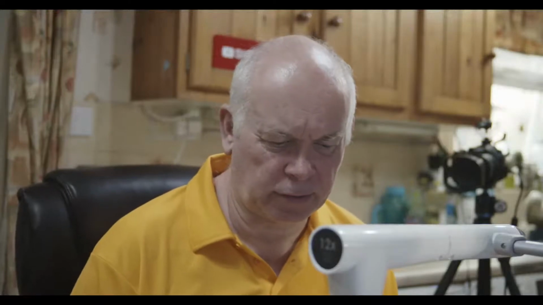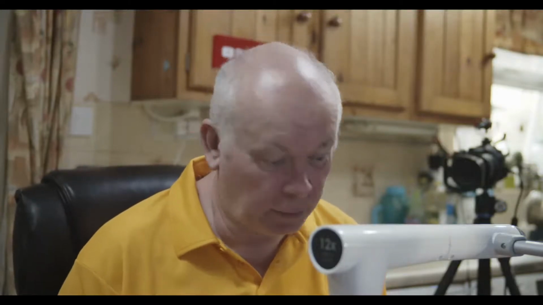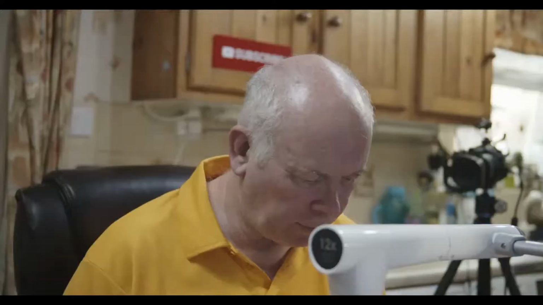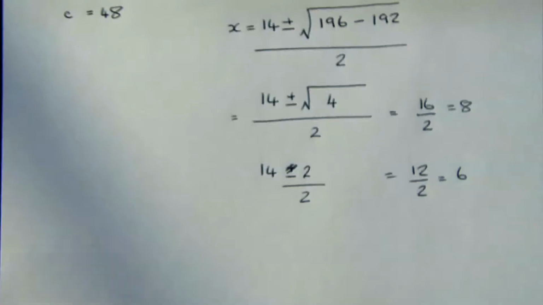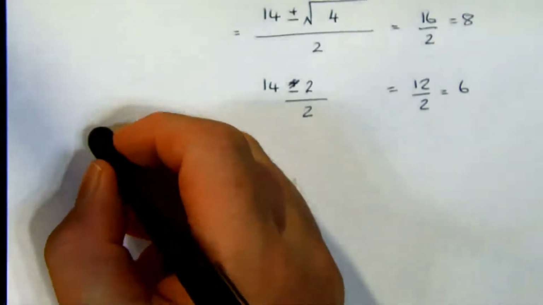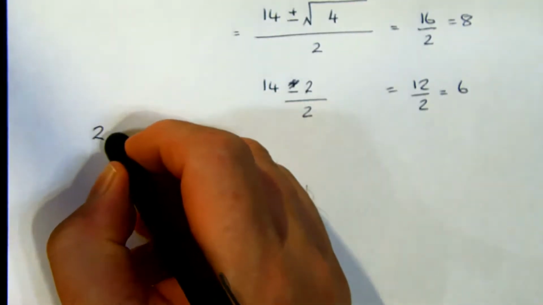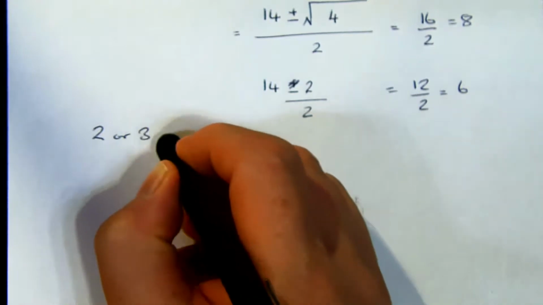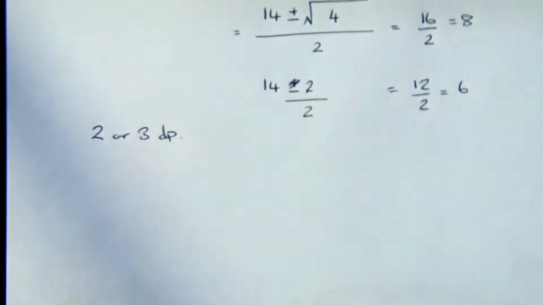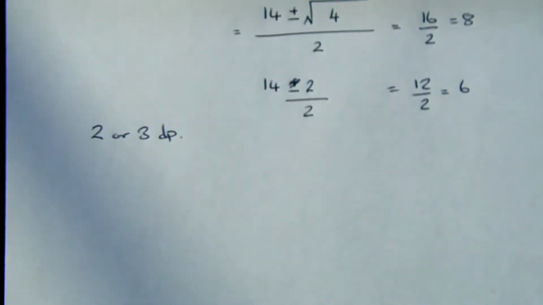So this made it quite nice trying to solve some of these things. Most of them you get are going to be horrible numbers, and they'll give you a hint. They'll often say, when you work out this quadratic equation, give it to 2, or maybe they might give you 3 decimal places.